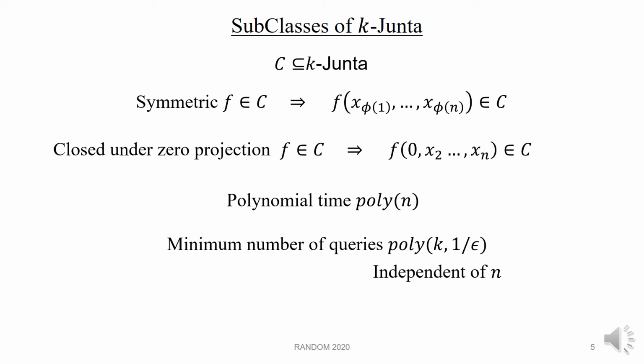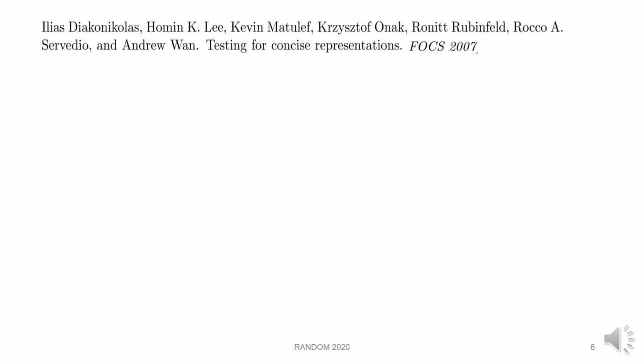For some classes, we will not be able to get a polynomial time tester, but we do get a query complexity that is independent of n. Here is a paper that gave the first tester for such classes with query complexity independent of n, but under the uniform distribution.